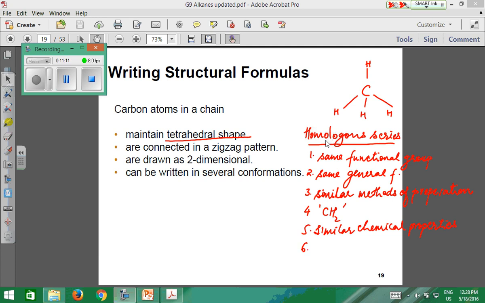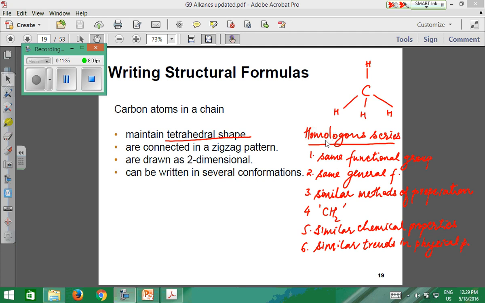They have a kind of trend. Similar trends in physical properties. So these are the properties of homologous series.